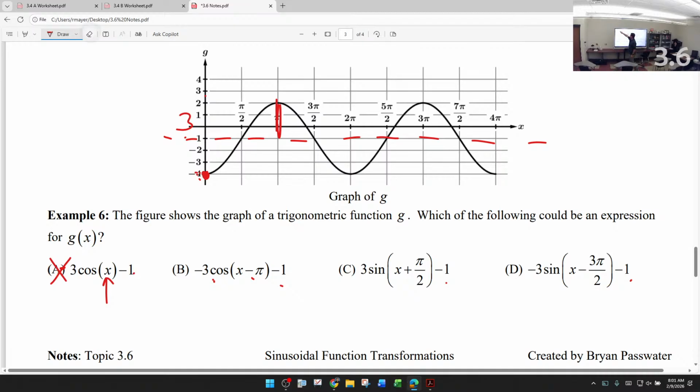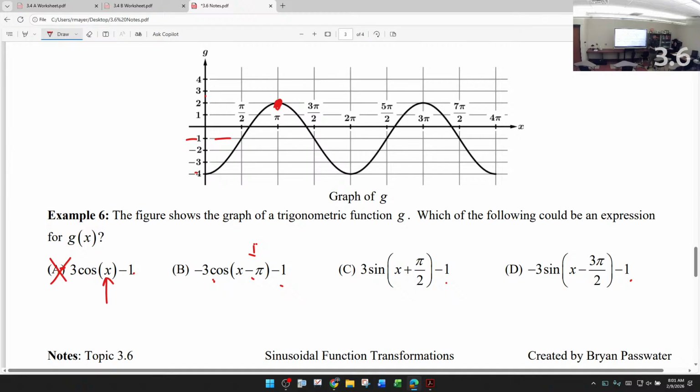So let me do some erasing off this because I got a lot of stuff happening up here. It's hard to see. All right, so this negative pi means I'm starting at pi, which is here. And that's beautiful because that's a max. In cosine, we start at maxes.